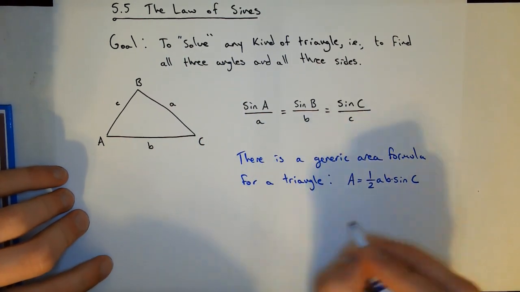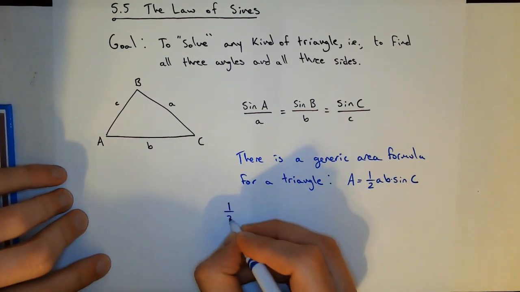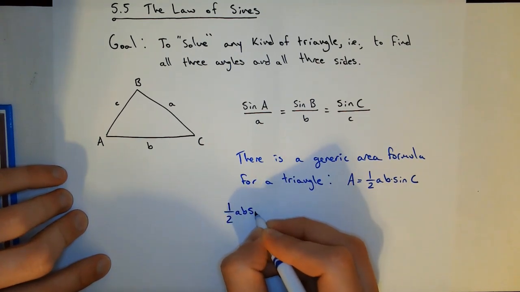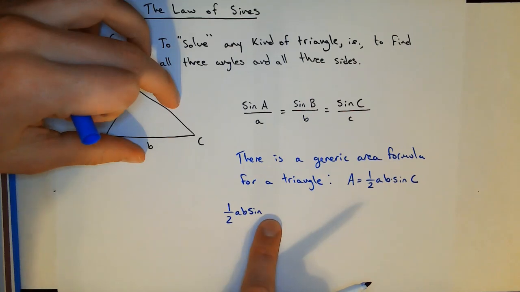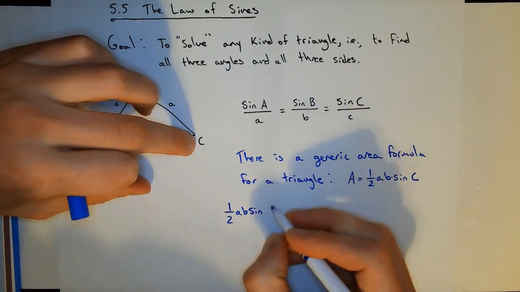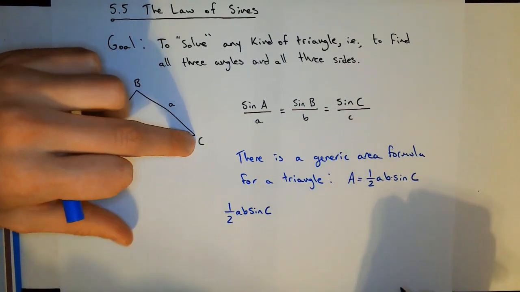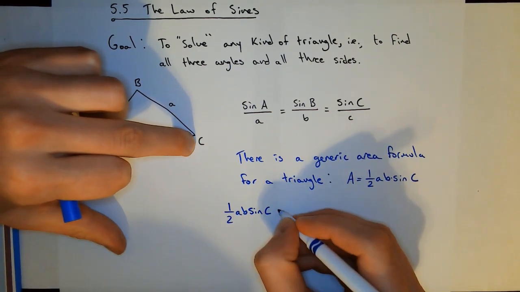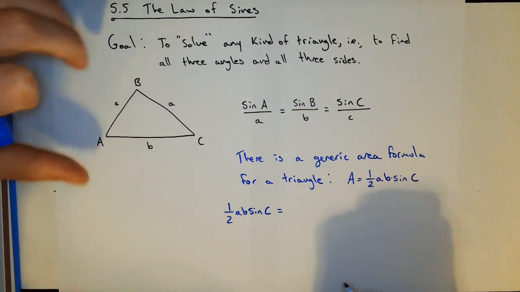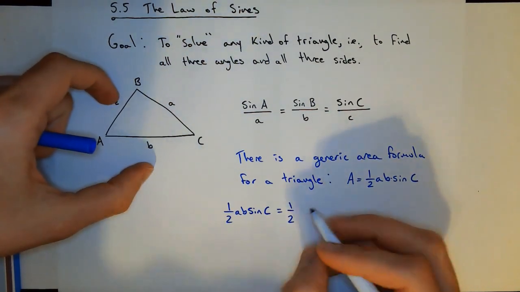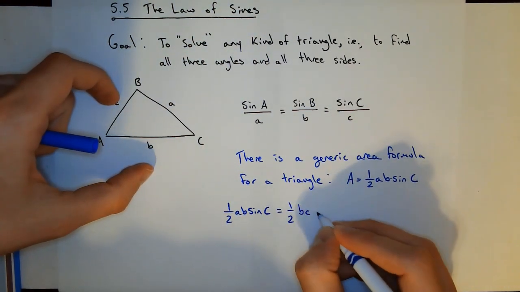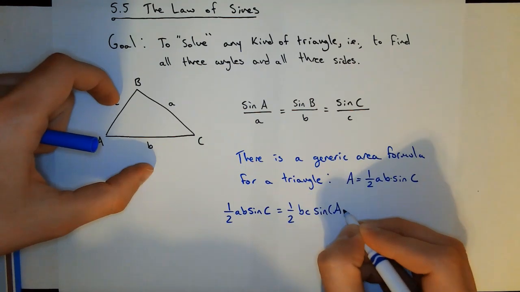I can get A is equal to 1/2 AB sine of, so the point is, the 2 sides that you pick, the sine of the angle needs to be between those 2 sides. So here's sine of C. And by the way, the area is also equal to, I could pick 2 other sides, like B and C, 1/2 BC, and then I would have sine of A, right?